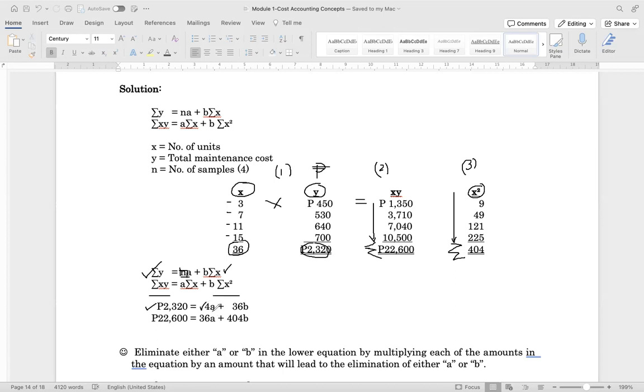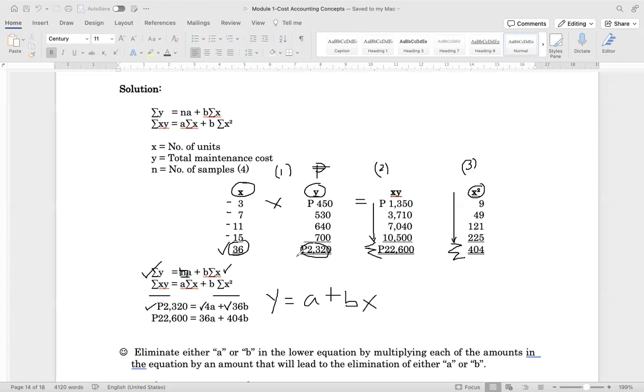A, that's your fixed cost, plus summation of x, we have here 36, and b. So this is your y equals a plus bx.